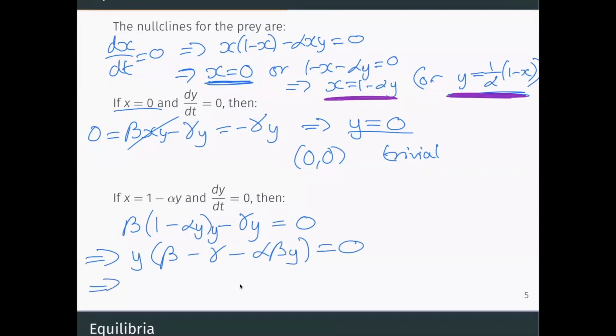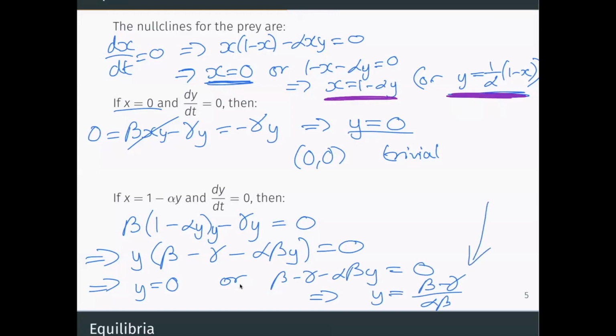So this tells me that y must equal 0, or beta minus gamma minus alpha beta y must equal 0, which tells me that y must equal (beta minus gamma) over alpha beta. And this here is only realistic if beta is greater than gamma, which causes y to be positive.